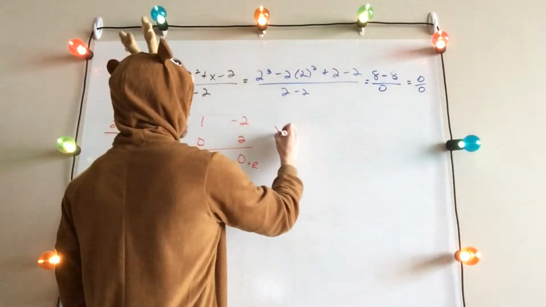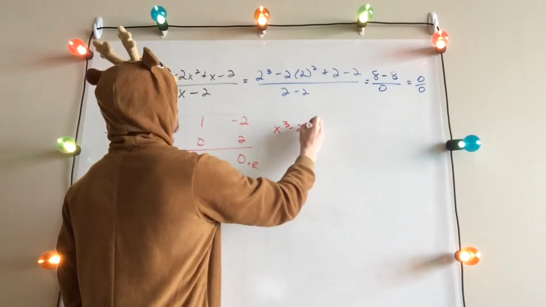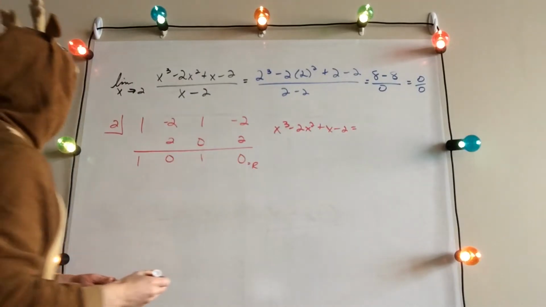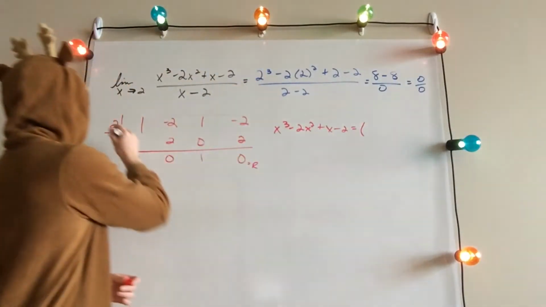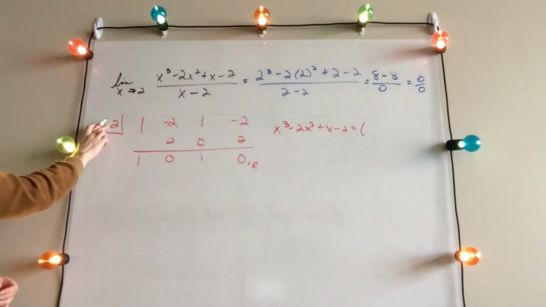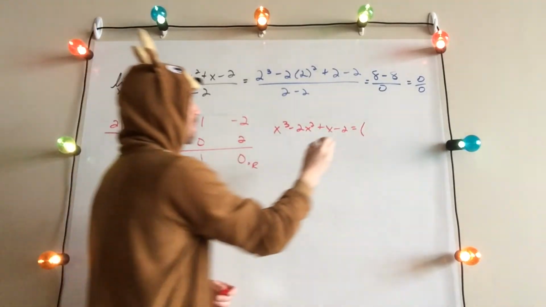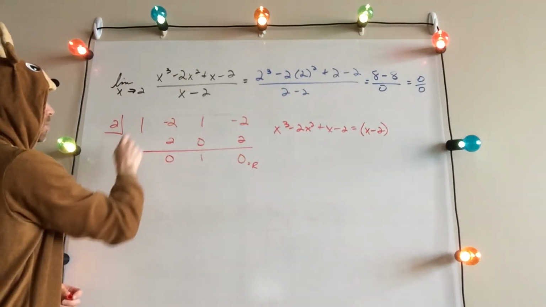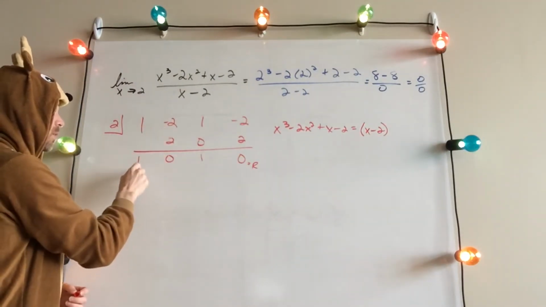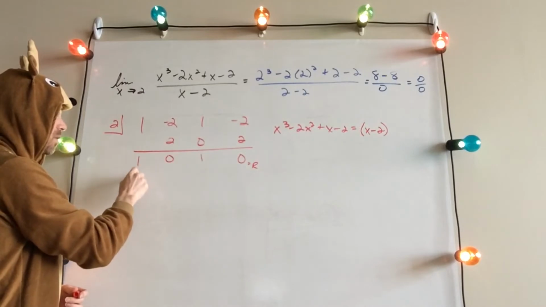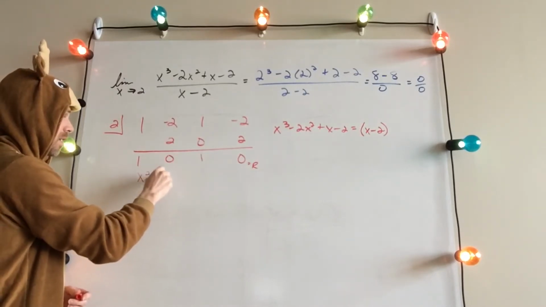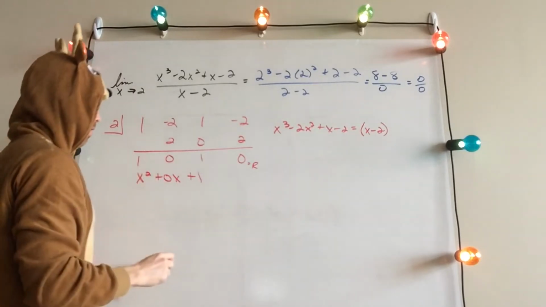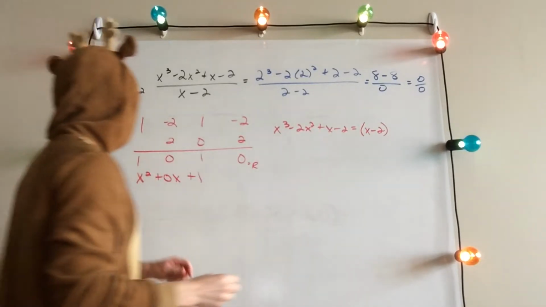So that x cubed minus 2x squared plus x minus 2 is going to be equal to x minus 2, and then what is this? It was cubic. And we divided one linear factor out, so it's going to become quadratic. All right, we can just leave off that 0x, so x squared plus 1.